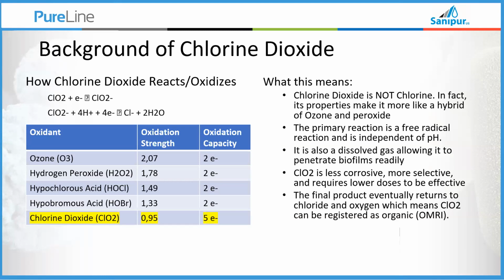So chlorine dioxide can remove up to 5 electrons from cell walls and bacterial cell structures in its oxidation, which allows it to be dosed at lower levels than chlorine and have superior effectiveness. So whereas chlorine may need a 1 or 2 part per million level, chlorine dioxide can be just as effective or better at a 0.2, 0.3, 0.4 ppm level.